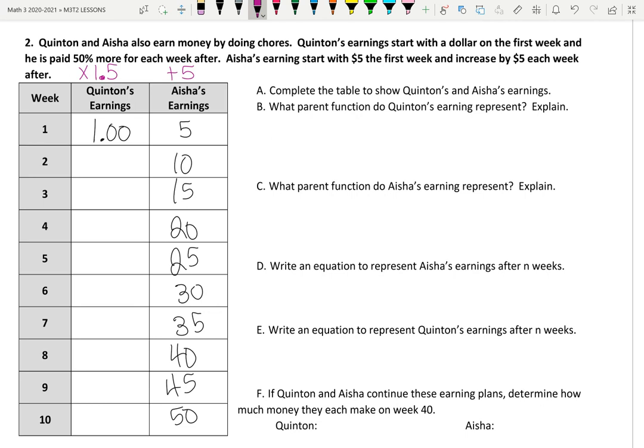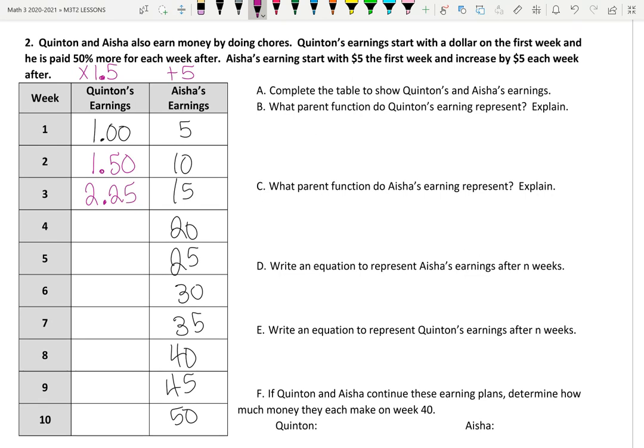So this is going to produce $1.50. Then I'm going to take $1.50 and times it by 1.5. Or if you know your way around money, half of $1.50 is 75 cents. So I take 75 cents and I add it to 150, and I get 225.